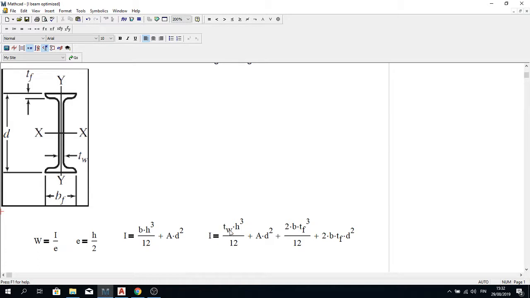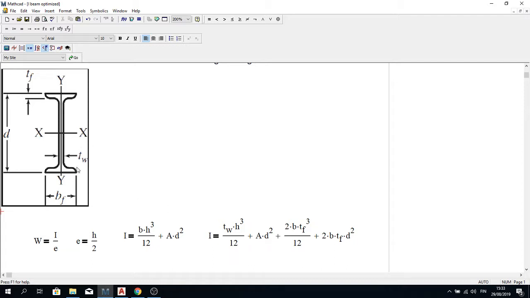It's the thickness of the web, which is the breadth in our case, and the height is the height of the web to the power 3 divided by 12, plus the area of the web times d squared, which in the case of the web, d is 0 because the distance from the neutral axis to the centroid of the web is 0. There is no distance between them. It lies in the same point.